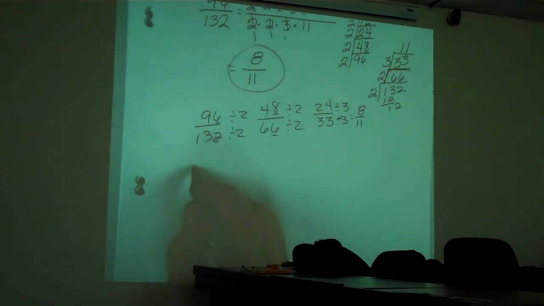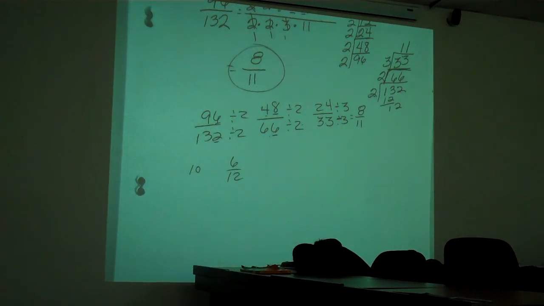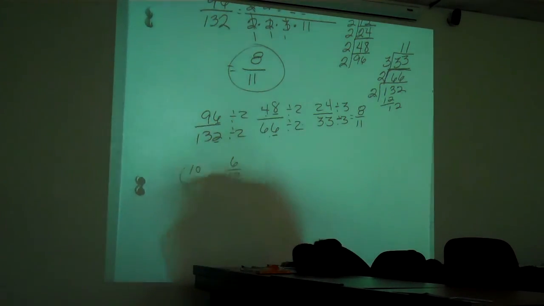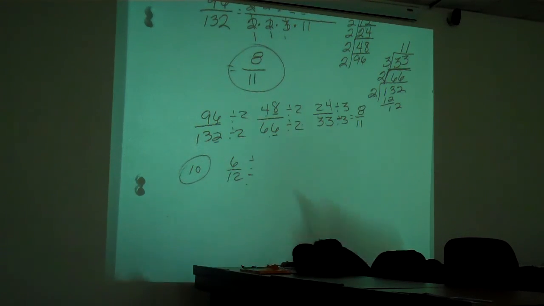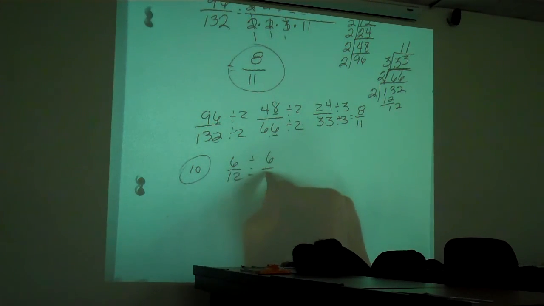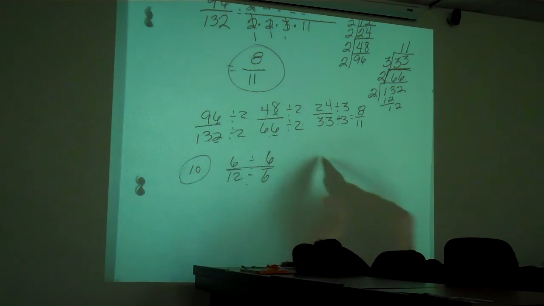Like number 10, it says 6 over 12. You can write it as a product of primes, or you could just divide by the number you want to divide by. If you see the number you could divide by, do it the simpler way. Go ahead and say, oh, I'll divide by 6. I'm dividing by 6 on the top and bottom, so 6 divided by 6 is 1, and 12 divided by 6 is 2. And that's it.